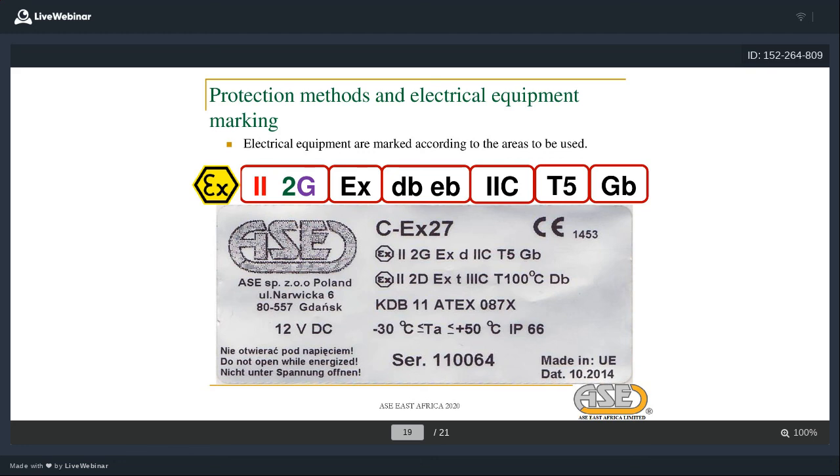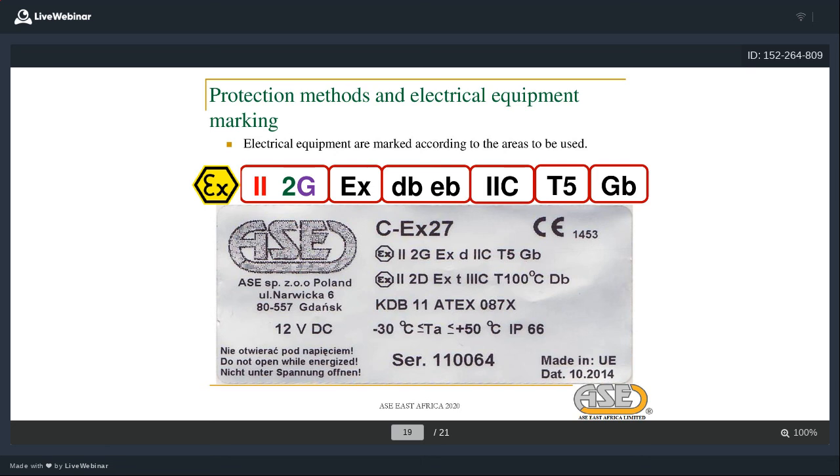D tells us the method of protection, the type of equipment protection.